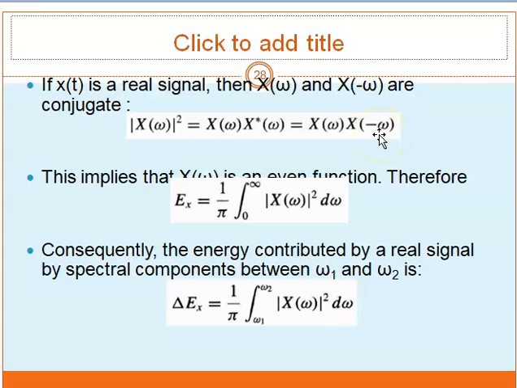This implies that |X(ω)| is an even function. Therefore, your signal energy will be 1 over π, the integration of the magnitude of X(ω) squared dω. Consequently, the energy contributed by a real signal by spectral components between ω1 and ω2 would be 1 over π, the integration from ω1 to ω2 of |X(ω)| squared dω.